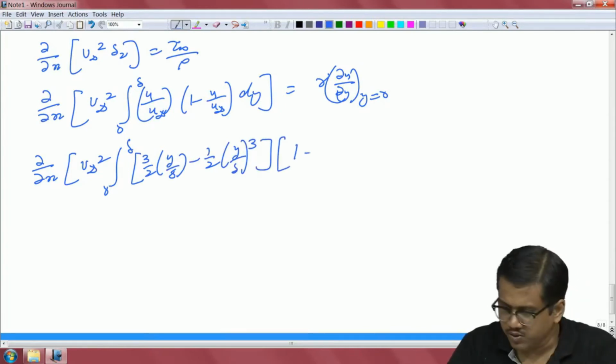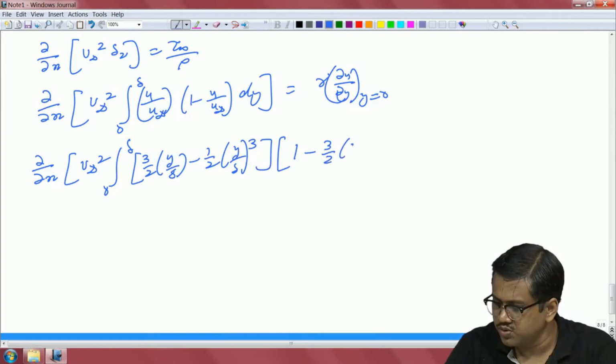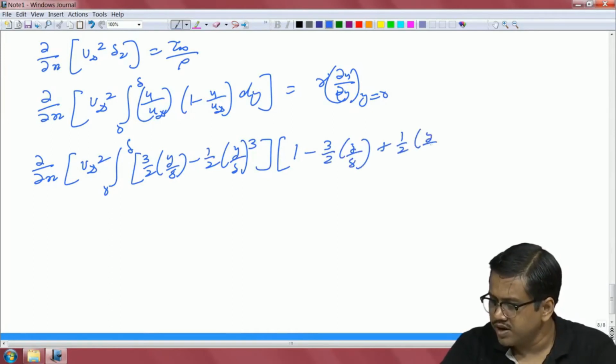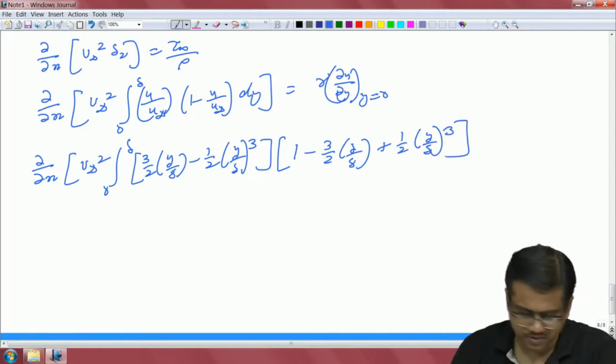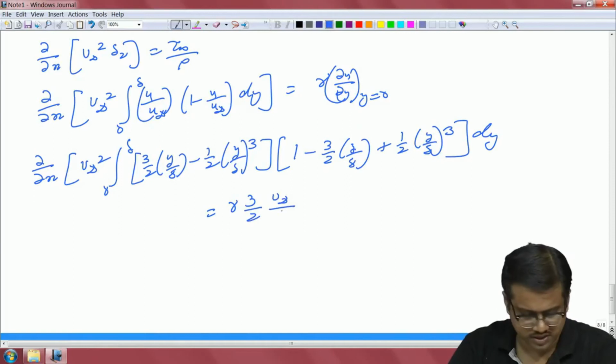The second term is 1 minus 3 by 2 y over delta plus half y by delta cube, into dy, that is equal to 3 by 2 u infinity by delta.